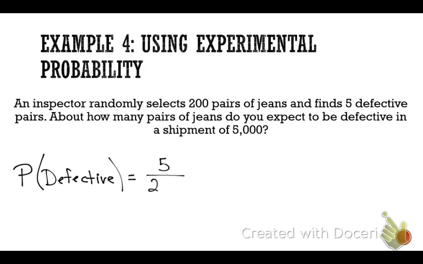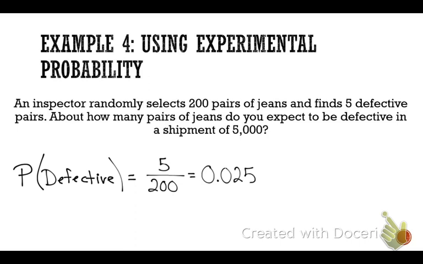Out of 200. So I'm going to calculate that percentage. What is the percentage of defective jeans among that sample? Are you guys getting 0.025? Yes, which is 2.5%, right? But we're going to leave it a decimal.